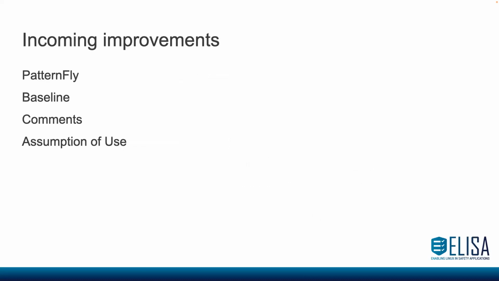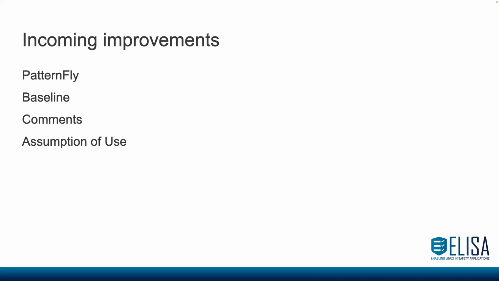And okay, let me just add something about well-known incoming improvements. We know that we are going to move to React Patternfly as the front-end application. We'd like to implement baseline to be able to save a set of work item versions at a certain point in time.